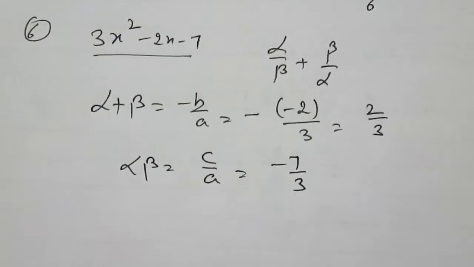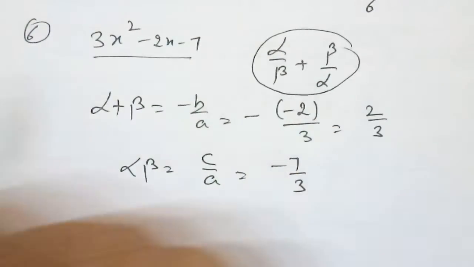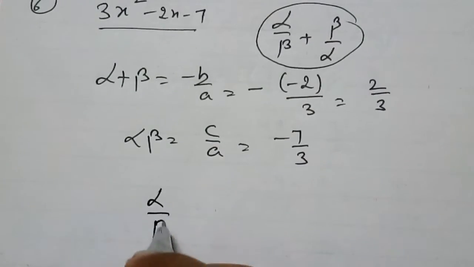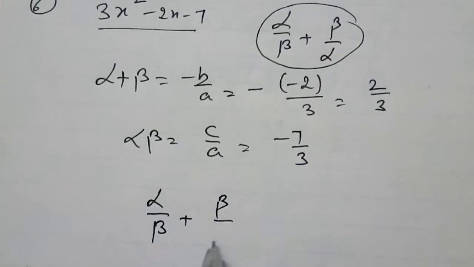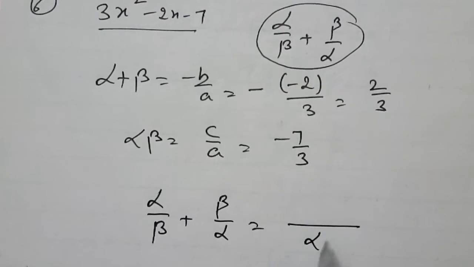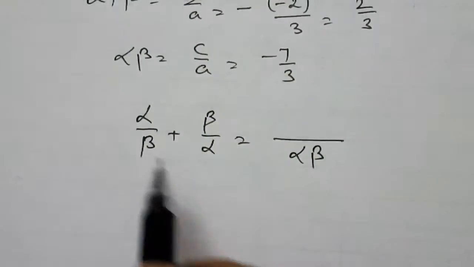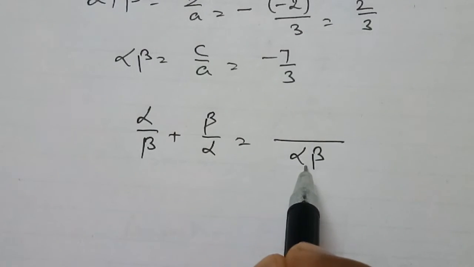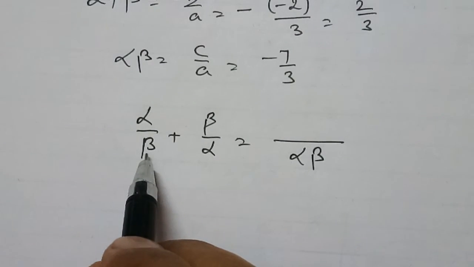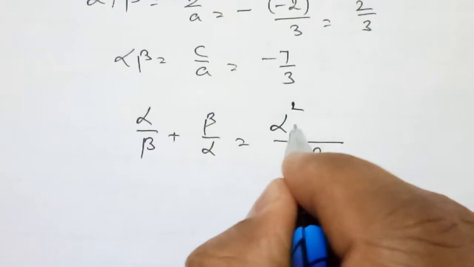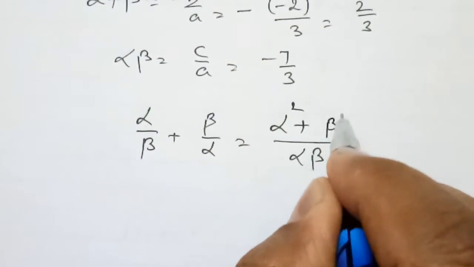So now we will use this relation to find alpha upon beta plus beta upon alpha. We will take the LCM here, and LCM is alpha beta. Now remember this thing, this is very important: when we divide denominator alpha beta by denominator beta, we are left with alpha, multiplied, it becomes alpha square. Similarly the second becomes beta square.